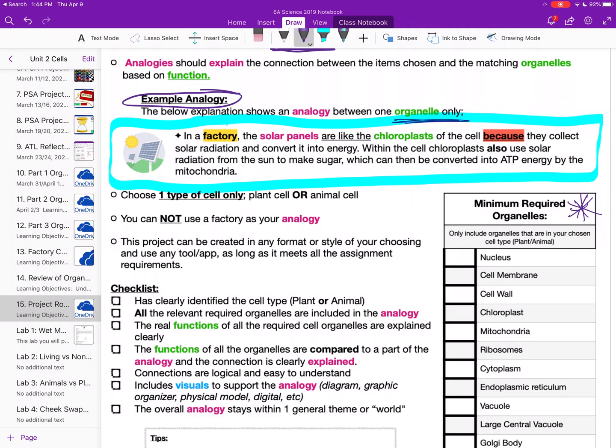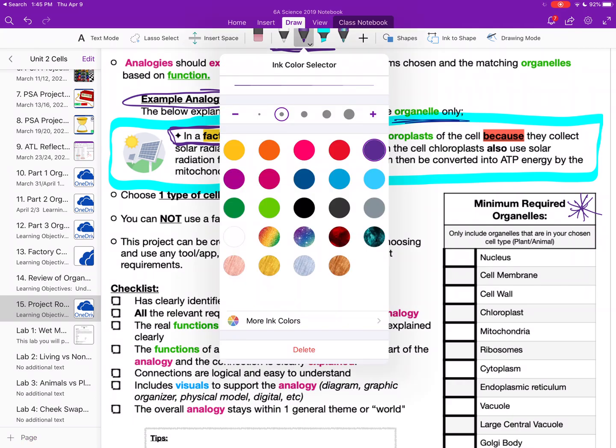We're actually going to read this a couple of times. I want to break down some of the words and talk about things. In a factory, so this is the analogy world. We're going to compare all things to a part inside a factory. And then they have to pick a specific structure within the factory. That's the other part of the analogy.